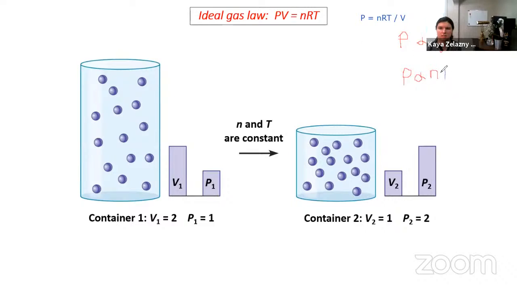So if n goes up for the same volume, that means P goes up. So this is all very specific to if we hold the volume constant but increase the amount of stuff in there, that pressure goes up. Because that would have the same effect essentially as decreasing the volume does.